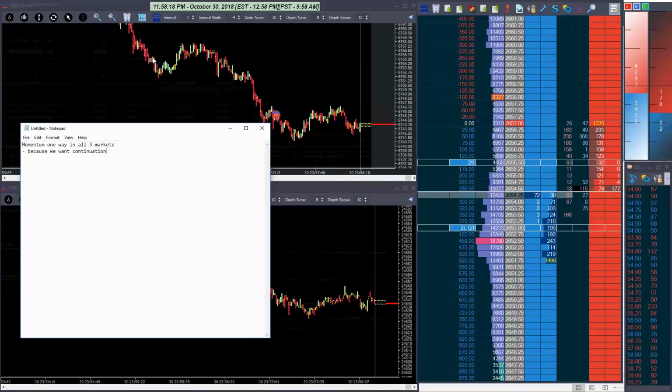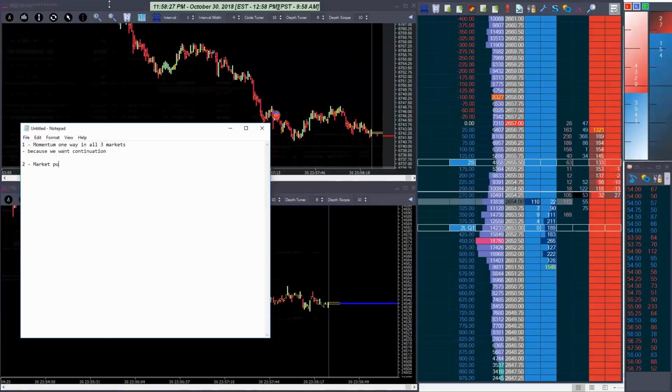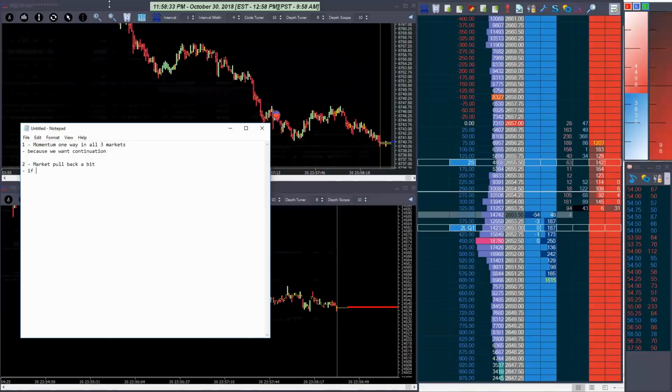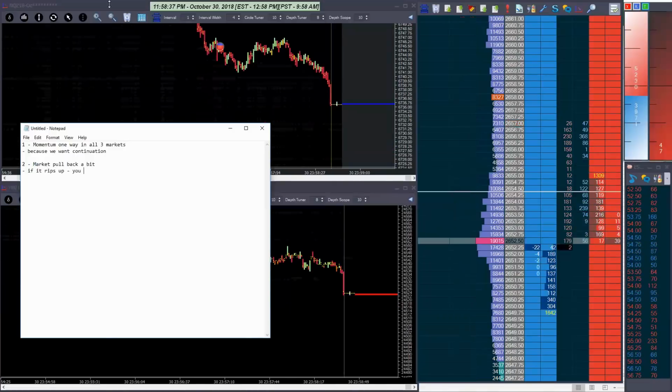Okay, so that's the first thing we want to see. The second thing we want to see is the market pull back a bit. Right. Now, this is where experience comes in. If it rips up, you don't have a continuation trade.